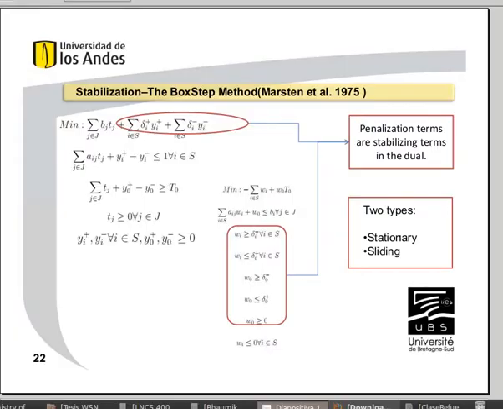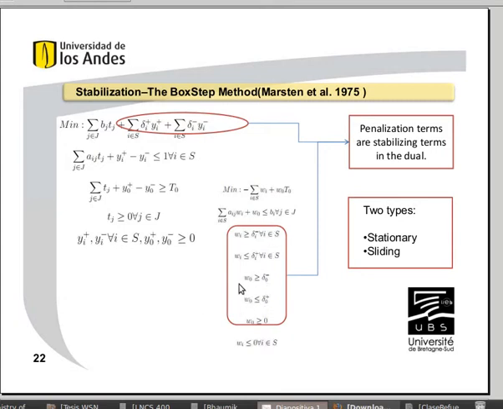The first method that I am going to present is the one presented by Marsden. This was maybe the first stabilization technique proposed to avoid the degeneracy problems. In this method, a modification is introduced in the master problem by adding a new set of primal variables, actually 2 by row, that in the dual problem define boxes around the previous value of the dual variables.